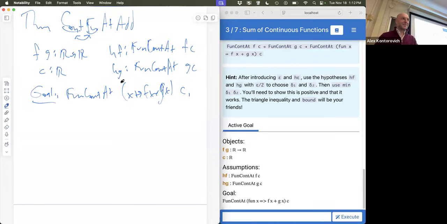Let's do it all together. Okay, so let's do it in natural language. How do you start?